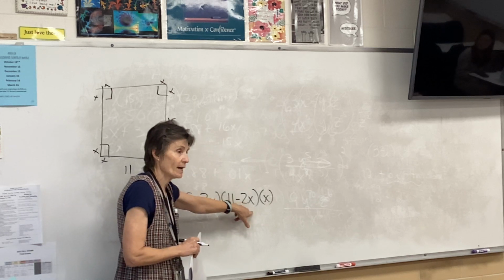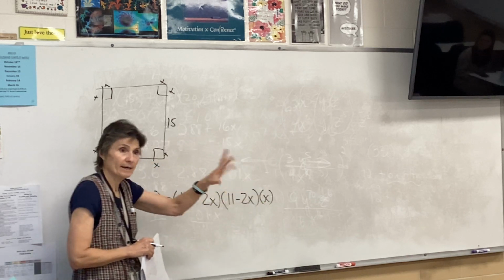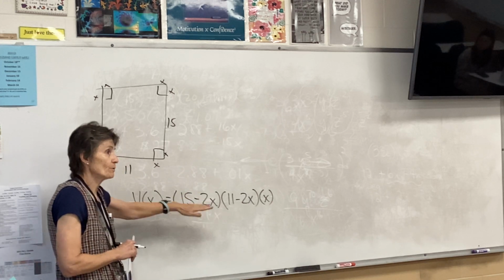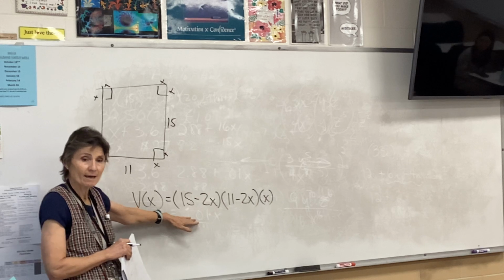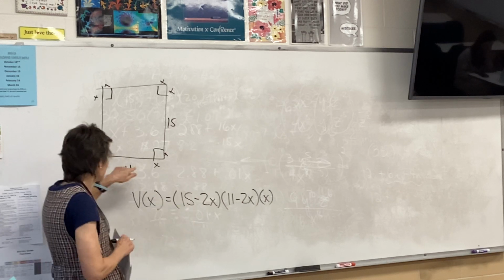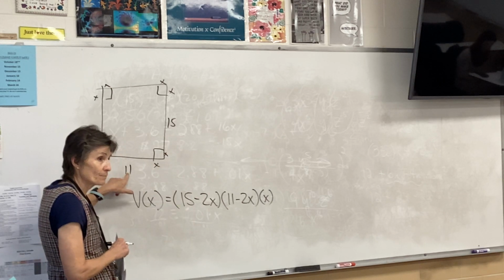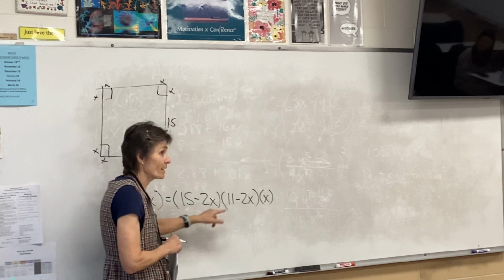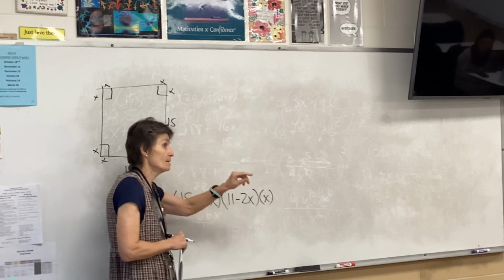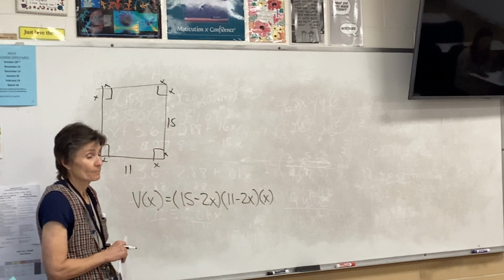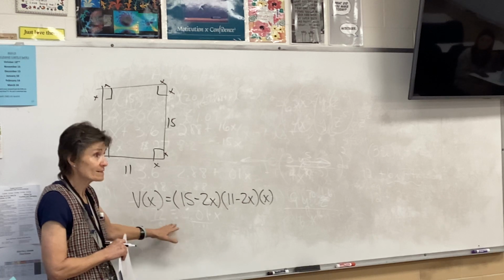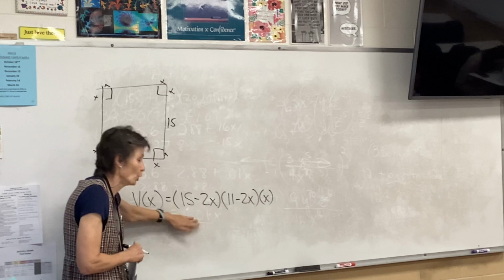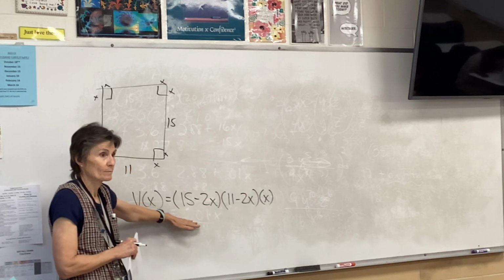Dimension minus 2x times x, the height. Length times width times height. That is what your equation is going to look like every time. These numbers are going to be different. But if it's 10 by 12, 10 minus 2x, 12 minus 2x, x. Never changes. Okay, if you miss that, you're not prepared. Because there's nothing to know except it looks like this every time.